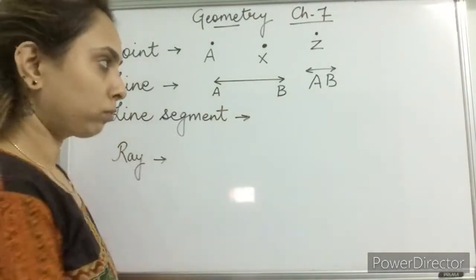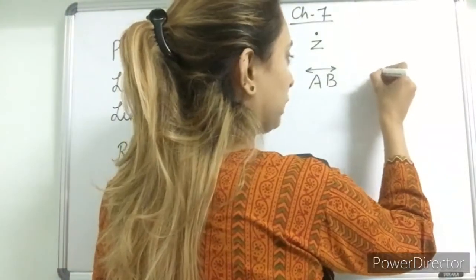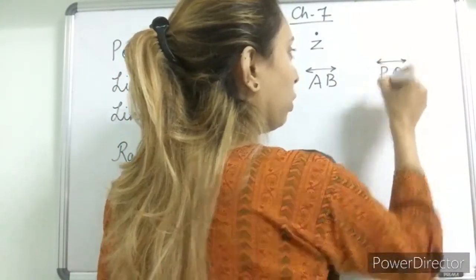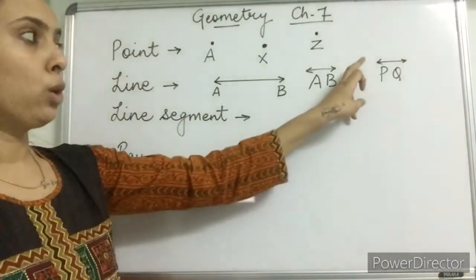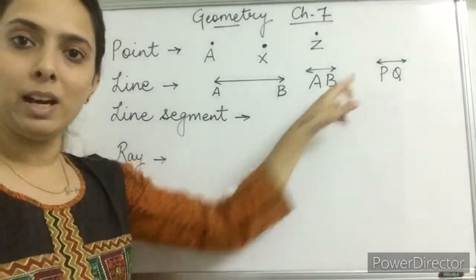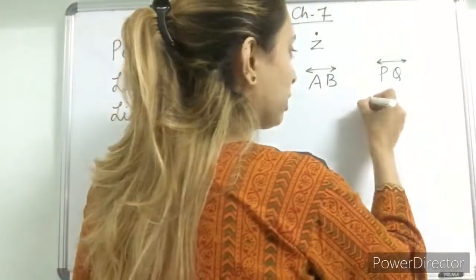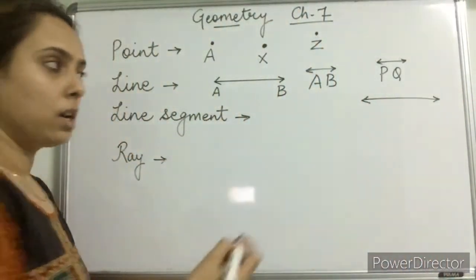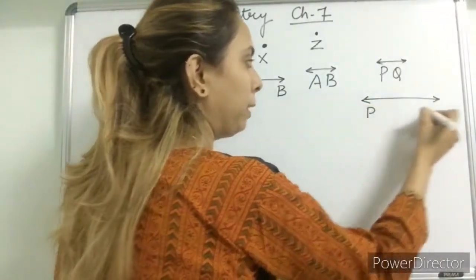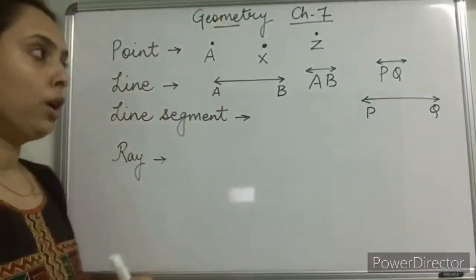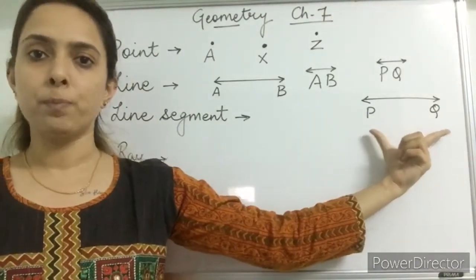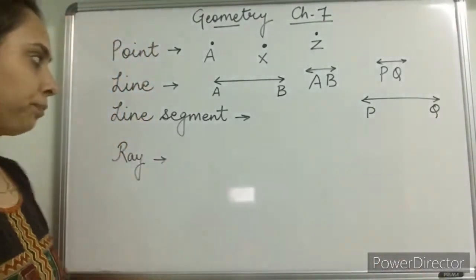One more, suppose I want to make a line of PQ. So this symbol denotes that we are talking about a line. So how will you draw? You will simply draw the line like this, and you will name it P and Q. You cannot change the names of the lines.